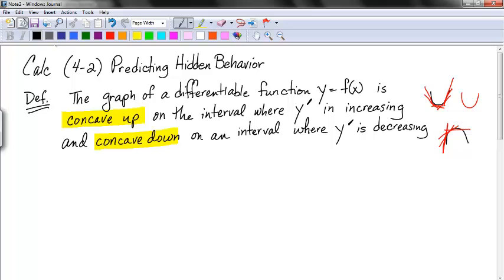Okay, now the test for concavity is the second derivative test for concavity.